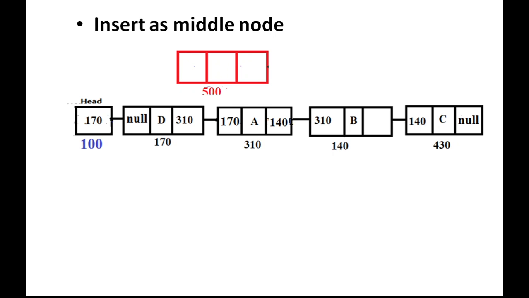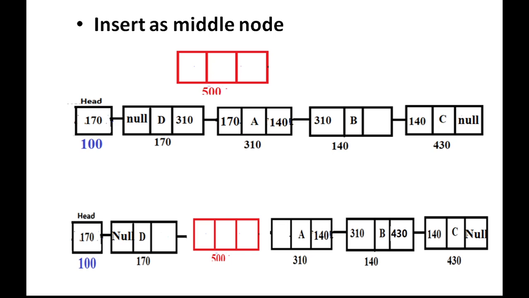So in this particular case I want to insert the new node here. Now what changes are required? So step 1, as usual, the data has to be copied, then the backward pointer of the new node is going to be the previous node of the new node, and this will be okay. And one more point is that we are going to use the search algorithm for getting the address of the previous node, so we are not going to discuss that in the insert logic.